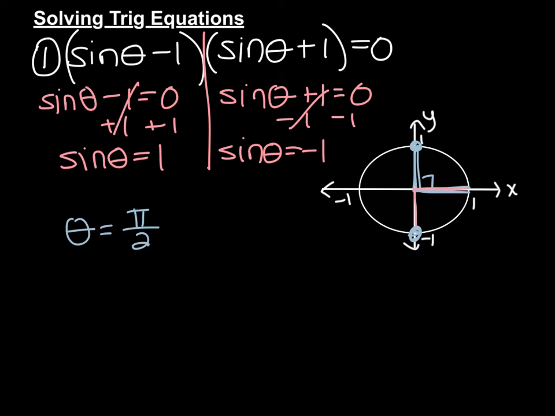Now this is a 270-degree angle because I'm going from 0 up to 2 pi. That would be given to you as well. I have to give you the interval, otherwise your answers could keep going on forever and ever. So this angle is 270 degrees, which in radians is going to be 3 pi over 2 radians.